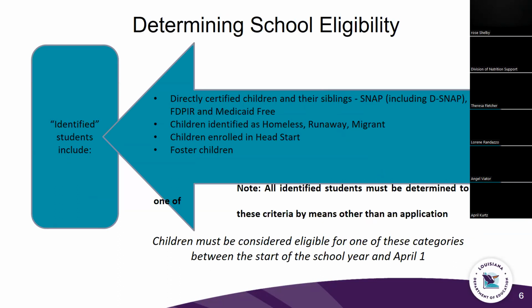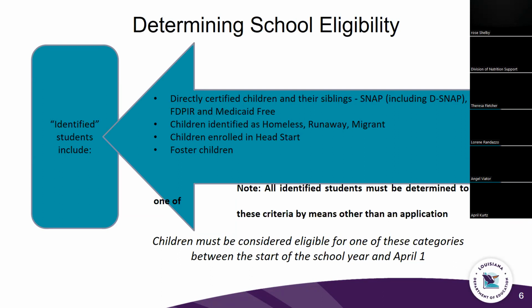Determining school eligibility. During the process of determining school eligibility, the term identified students refers to children who are directly certified for free school meals based on their participation, or a household member's participation, in other means-tested assistance programs, such as the Supplemental Nutrition Assistance Program, SNAP, Temporary Assistance for Needy Families, TANF, the Food Distribution Program on Indian Reservations, FDPIR, or Medicaid free.